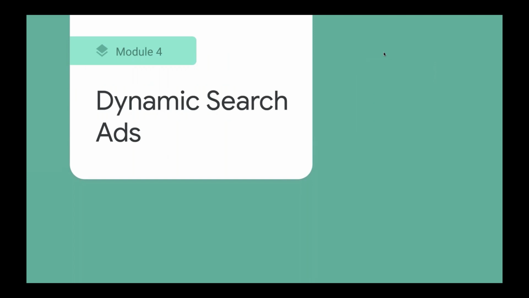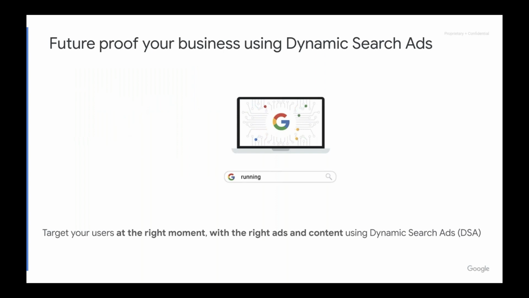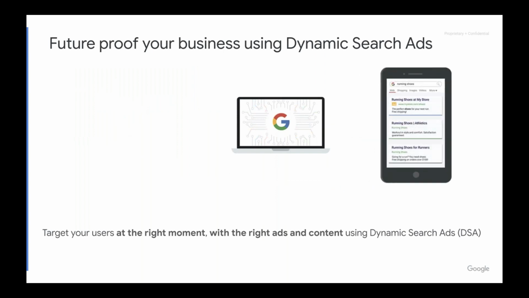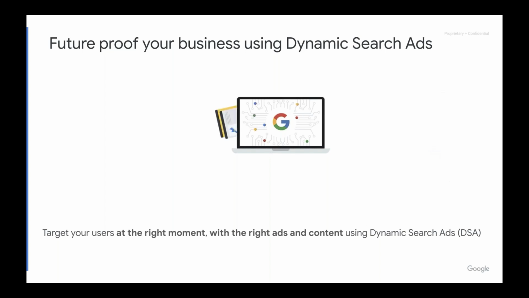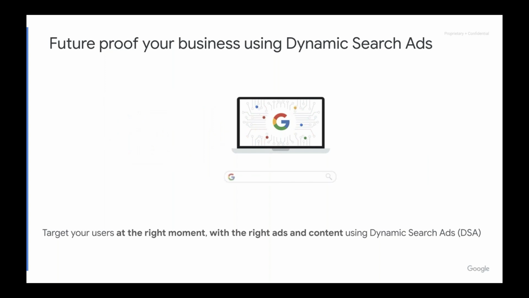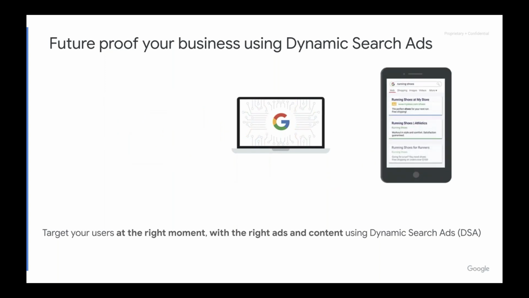The next one, in addition to having the responsive search ads and responsive display ads. We have a lot of struggles with trying to mine different keywords and constantly chase what exactly the users are searching when they are looking for custom solutions and products like mine, right?